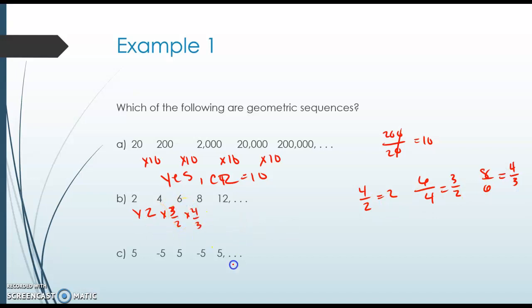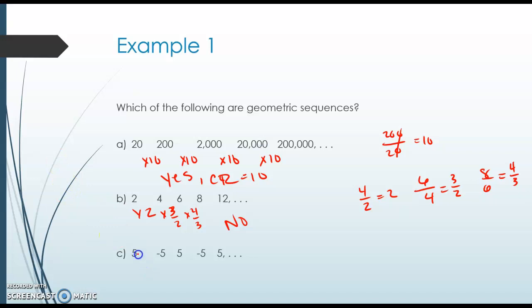If you notice, we're not multiplying by the same thing over and over again. So this is not geometric, because there's no common ratio. Now, it is linear because we add 2 each time. But that's the difference between a linear function and a geometric or exponential function. With a linear function, we just add or subtract the same amount. Here, we need to multiply by that same ratio.